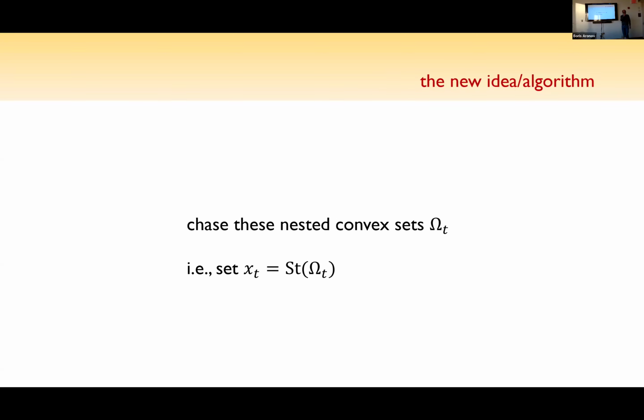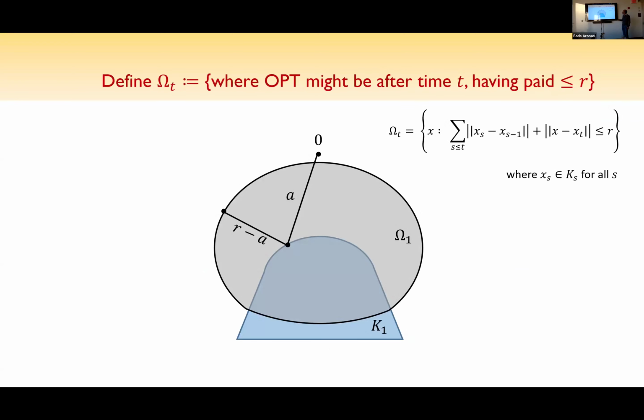Sorry, could you explain why it's nested? Okay, so what's the definition? The definition says, look at any point such that it satisfies all the inclusions and can reach this point x. So if it could hit t bodies and reach x, then it can clearly hit the first t minus 1 bodies and reach x.